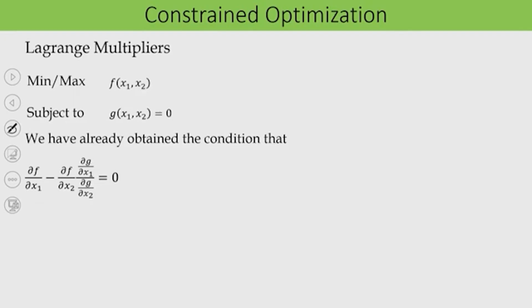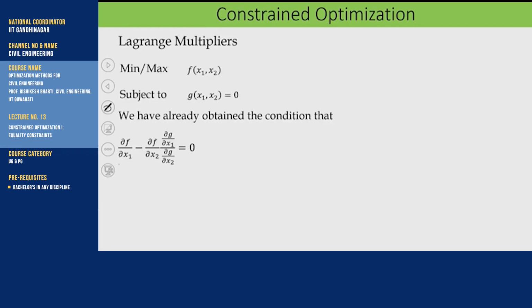The condition is del f by del x1 minus del f by del x2 into del g by del x1 divided by del g by del x2 equal to 0. This is the necessary condition for optimality.